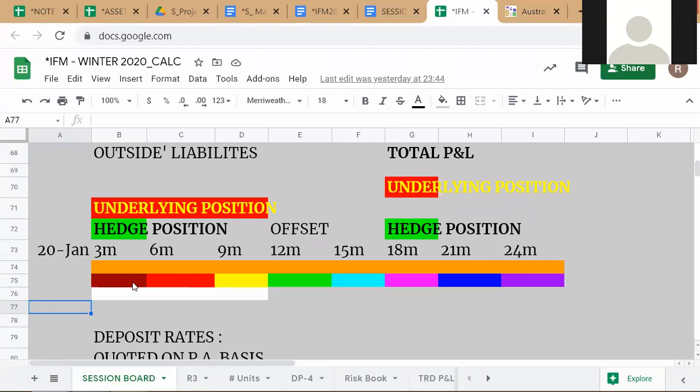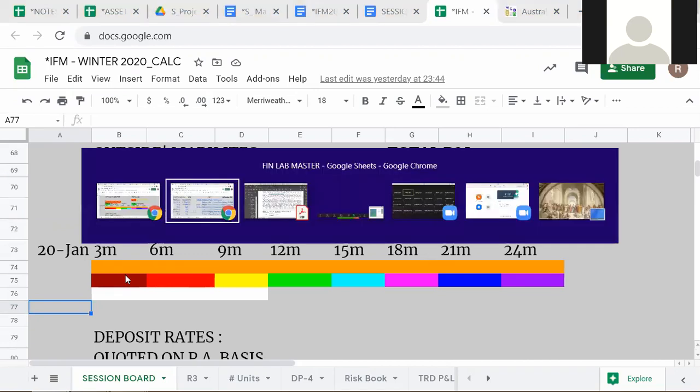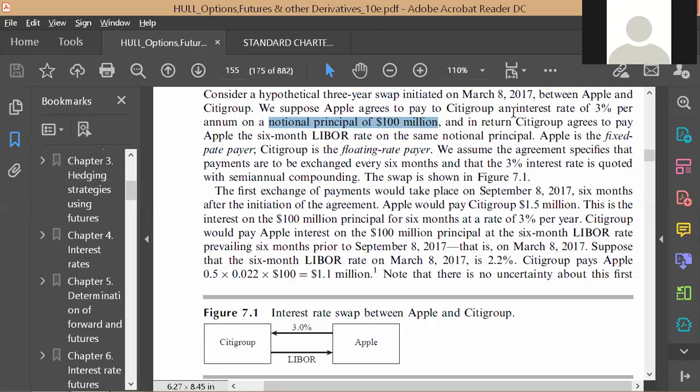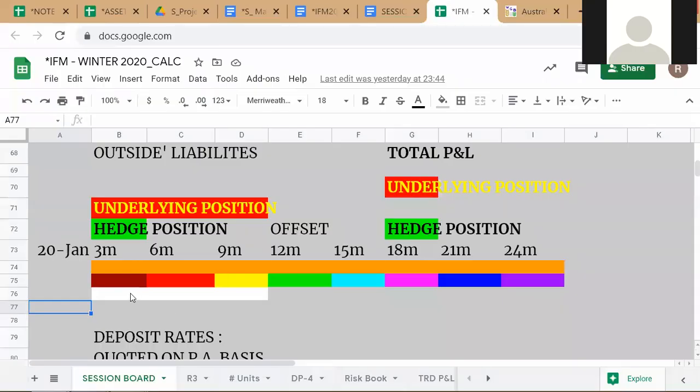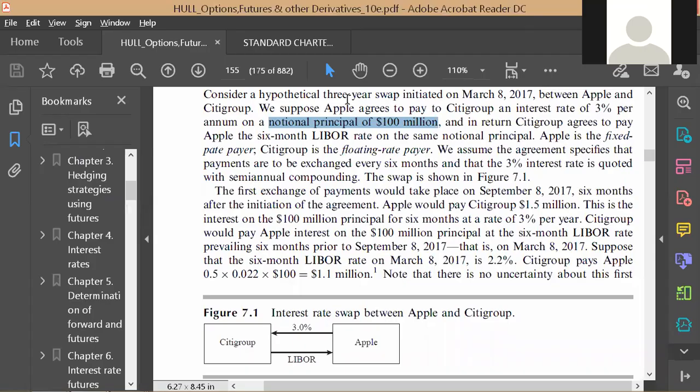Citigroup is agreeing to pay the 6-month LIBOR rate on the notional principal. The problem for Citibank is that they would not know the rate, because remember this is a 3-year swap. If you take 6 months, that'd be a total of 6 periods for Citigroup, because 3 years divided by 0.5 is 6 periods.